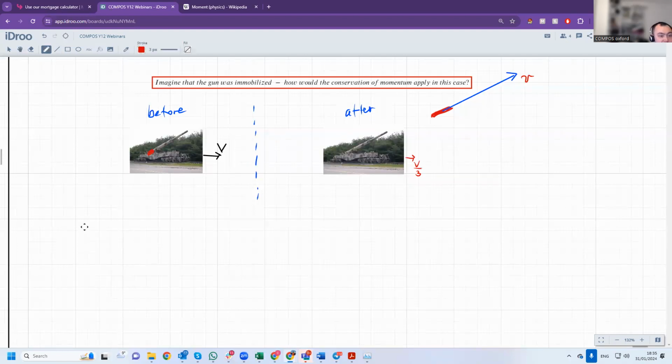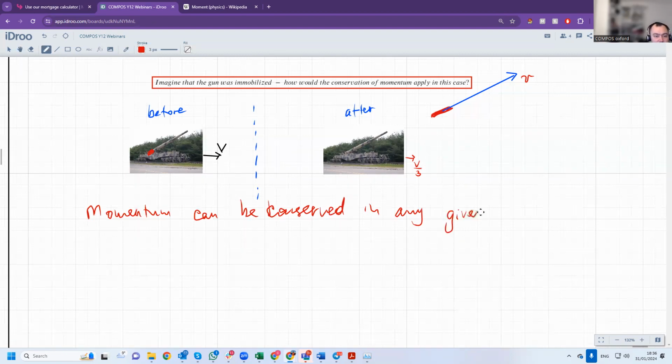So if momentum is conserved, it is conserved in any given direction. Momentum can be conserved in any given direction.